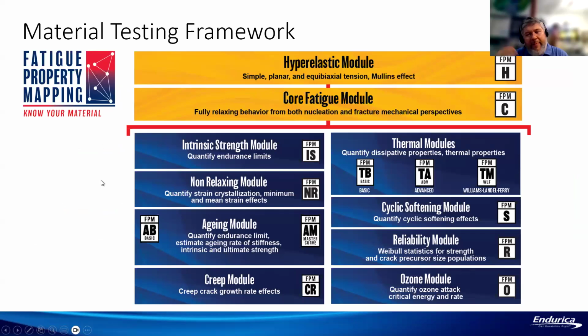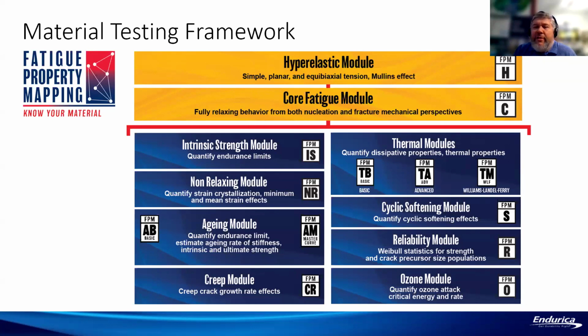Coming back again to this idea of completeness. So not only do we provide you all of the simulation capabilities that you need to model just about any fatigue problem, but we also provide a matching set of experiments, right? In the code, there are a number of different material models that handle all of the different physics that can happen in rubber.